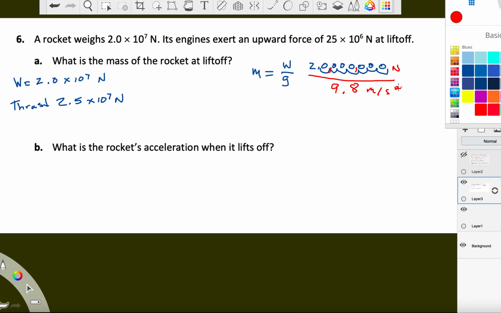It's going to make our lives a lot easier. I get, and I'm going to write it down here so we can see it. So I'm going to just move it down here. There's a little arrow pointing you that way. I'm going to say it's 2.0 times 10 to the 6th kilograms.